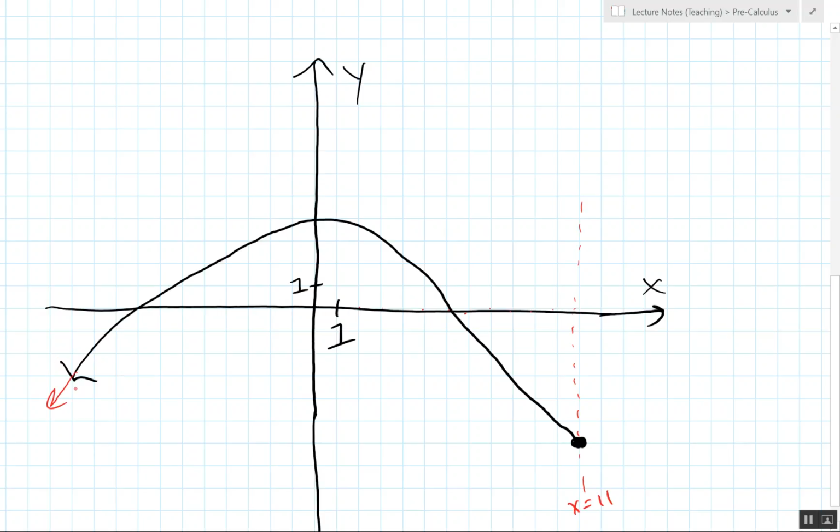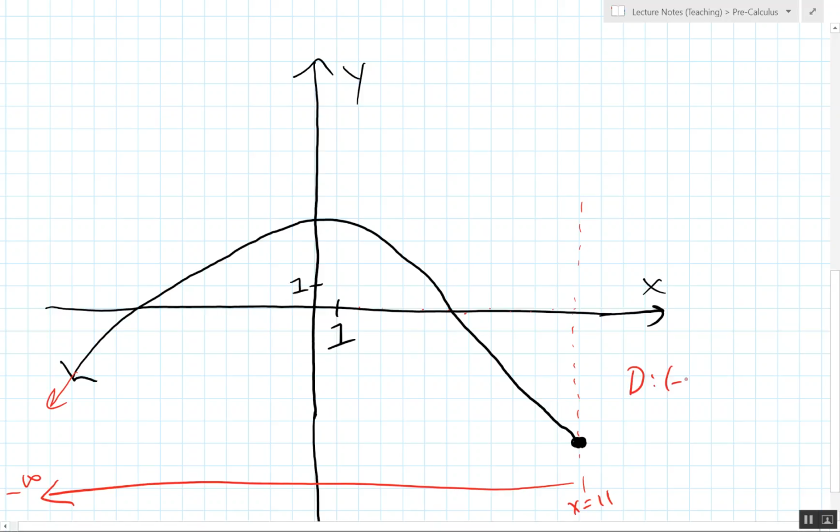And so notice that no matter how far I go this way, I will never hit a stop. This function will never stop. So we're going to keep on going forever in this direction to negative infinity. So our domain here is going to be negative infinity to 11. And again, we have the solid dot here, so we get a closed bracket here.